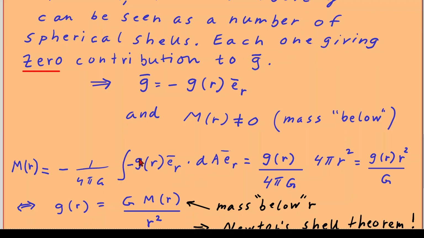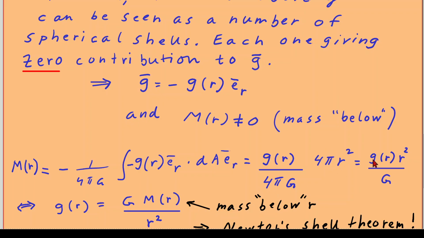And again, for any point on the surface, this is the same field strength. So when we are integrating, you can move it out from the integral. Then you have E_R dot E_R, that's 1, and then the integral of dA, which is the area, so that's 4 pi r squared.